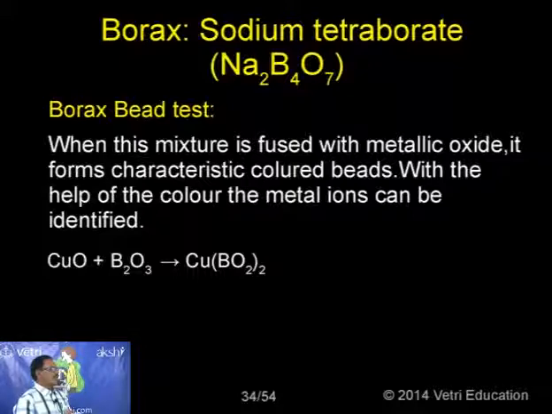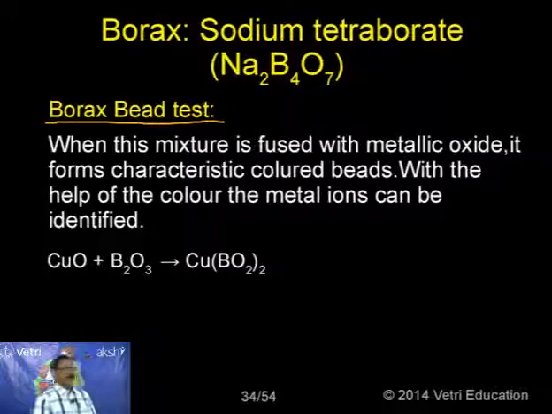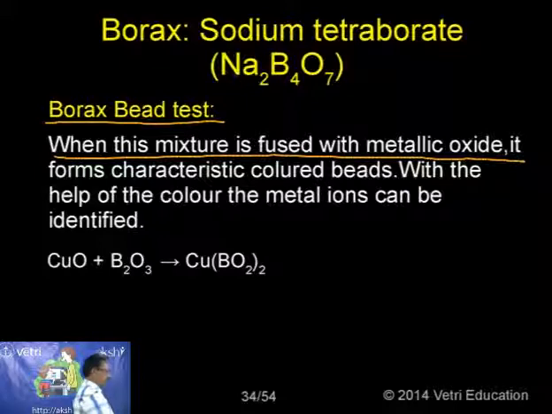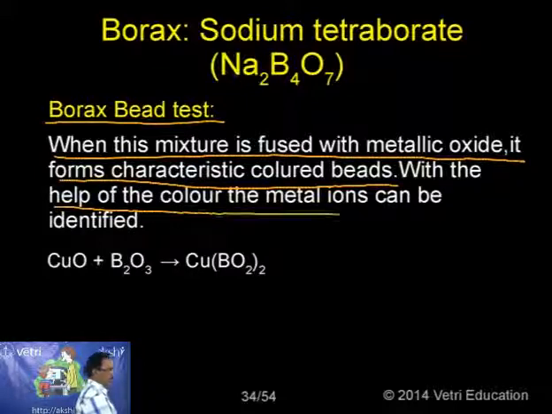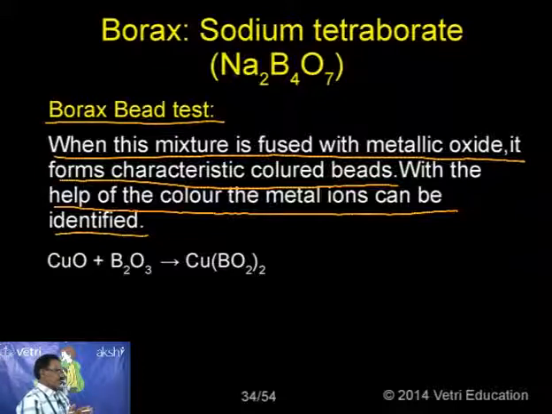Under this, the most important information is the borax bead test. This question can commonly be asked. The metal ions can be identified by doing the borax bead test. What is this test? When borax is fused with a metallic oxide, it forms characteristic colored beads.